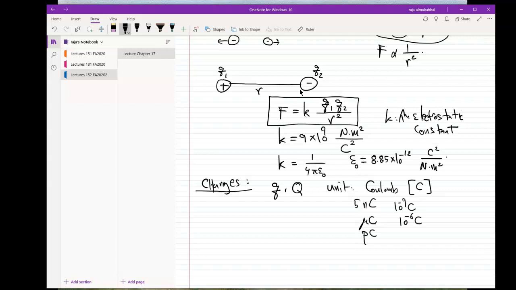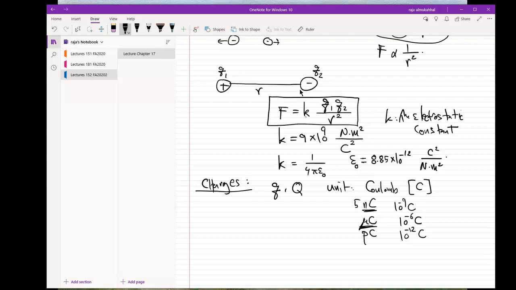Okay, a nano is a billionth, a micro is a millionth, and a picocoulomb is 10 to the negative 12 coulomb, which is a trillionth. You see what I'm saying? They are good to remember. Most of the time, those are the kind of units that you will see for the Coulomb, either nano or micro. Those are the more popular ones.